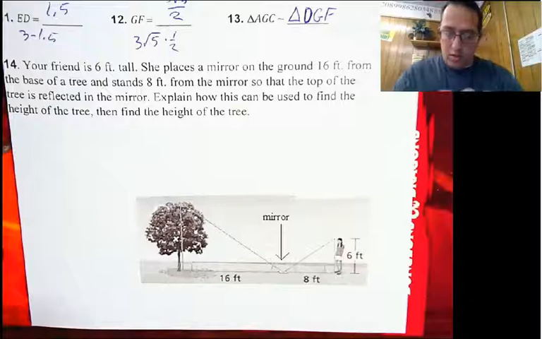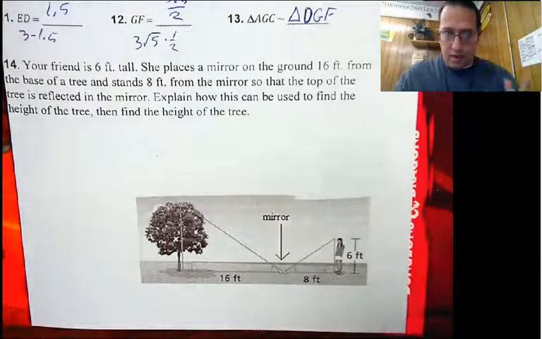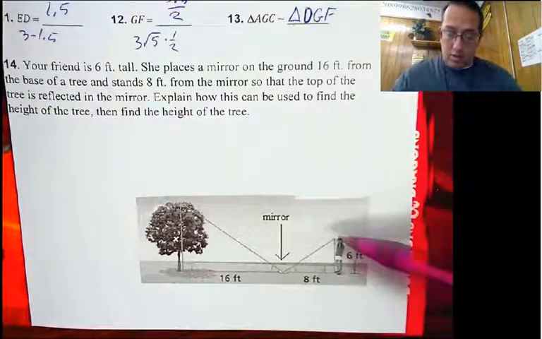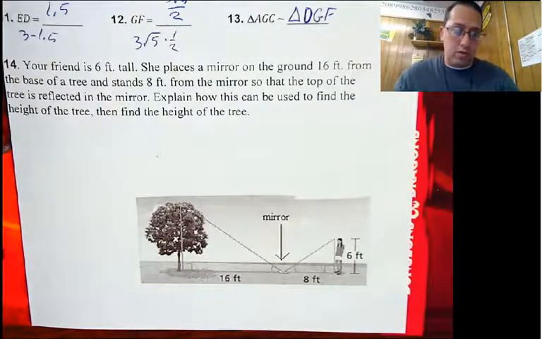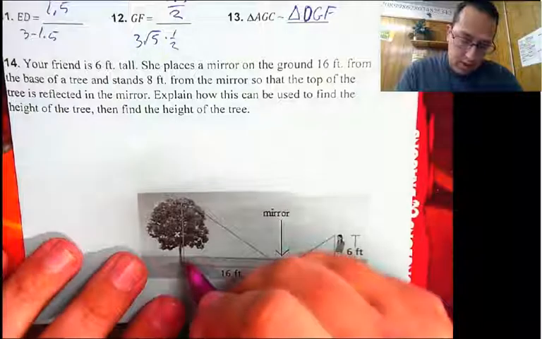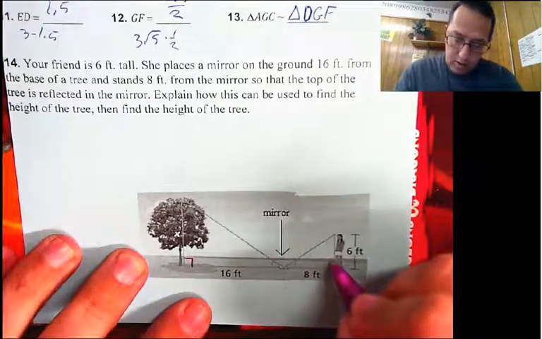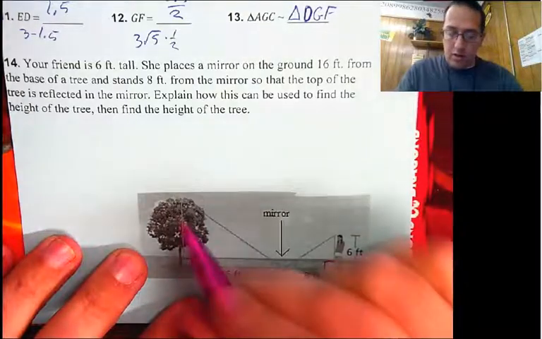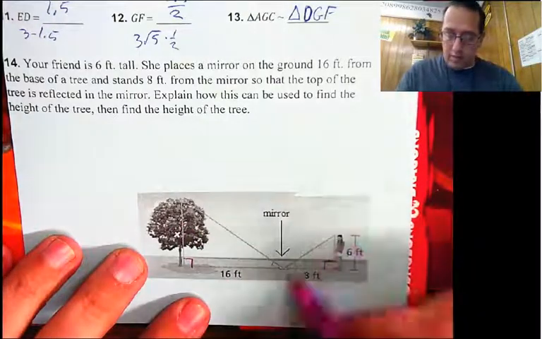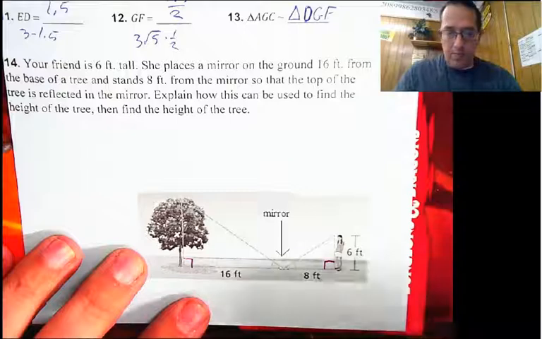All right. Well, here's the thing. Assuming, of course, that our friend and the tree were looking at height. Remember, height is always a perpendicular distance. So that means these are going to be perpendicular, right? And then from there, we have this triangle, right? We have a triangle here, we have a triangle there.